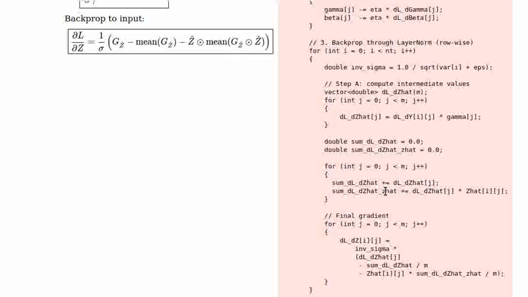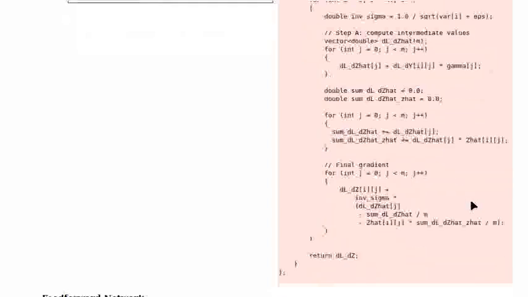We calculate the sum first, and then we get the mean. So the sum is to sum over all these dL/dĉ values, and this part we sum over this times this, and then the mean is given by this sum over m.